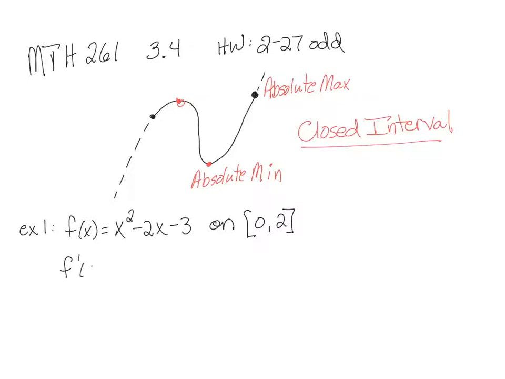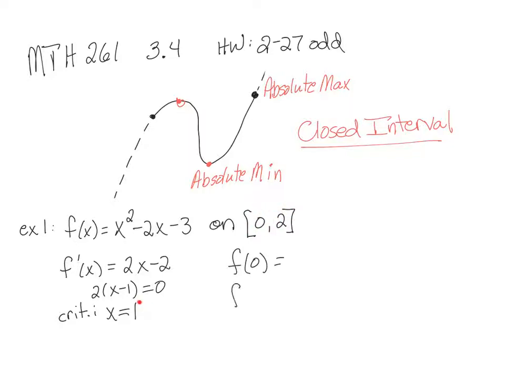So let's check this curve. It's just a parabola, and we're going to check it on this closed interval here. We take the derivative, set the derivative equal to 0, factor it, and set the factors equal to 0. I get a critical value of x equals 1. What I need to do now is find the y value at each of these endpoints and at my critical point. So where do you find your y values?